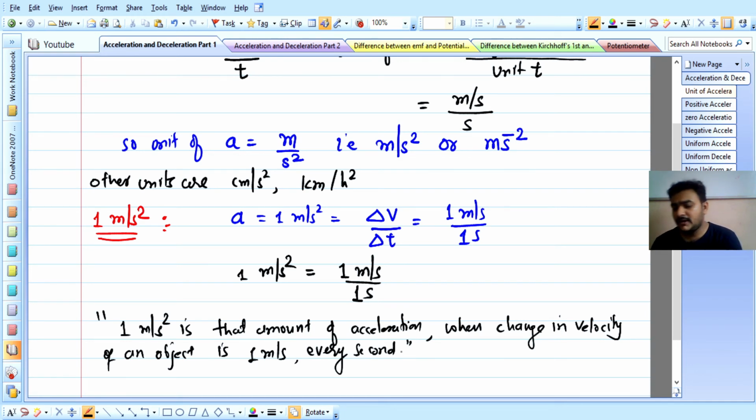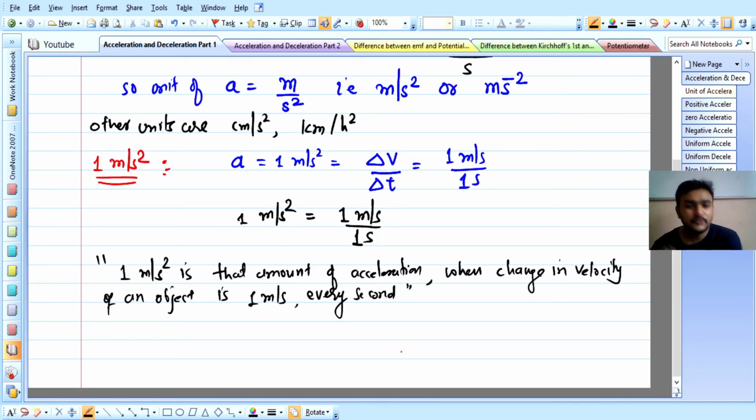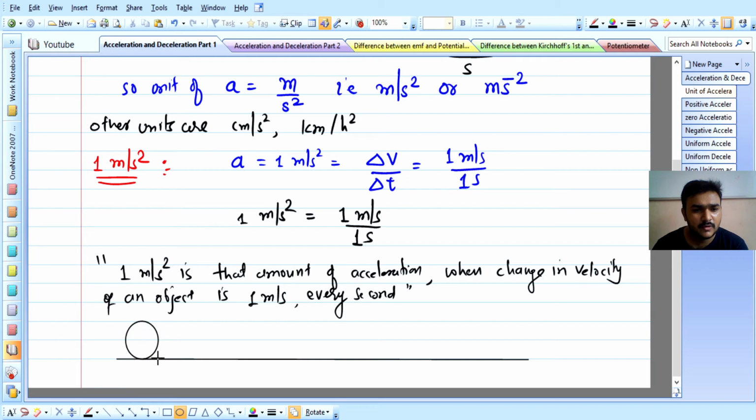Now in order to understand how to visualize this change in velocity by 1 meter per second every second, let us consider this is the surface on which a ball is rolling. I am drawing here the same ball for 2-3 different positions, and let me explain.